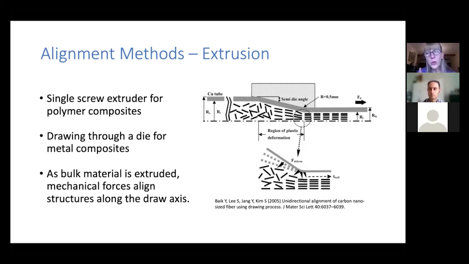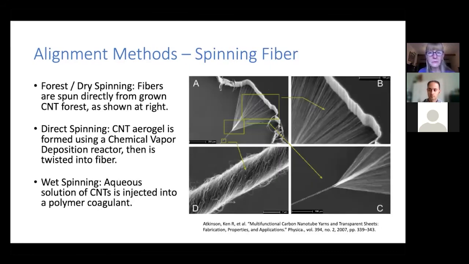But your degree of alignment is always measured relative to a perfect alignment. You can't get it because the forces in the matrix are just forces. They're not hard geometric constraints. Carbon nanotube fiber is its own class. You're just spinning the carbon nanotubes themselves into a strand.